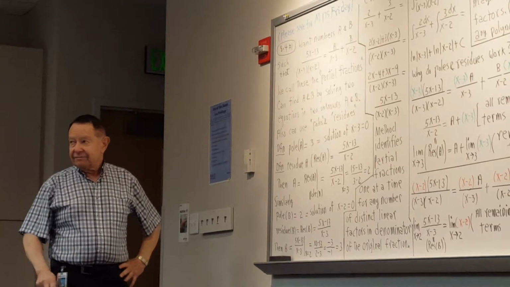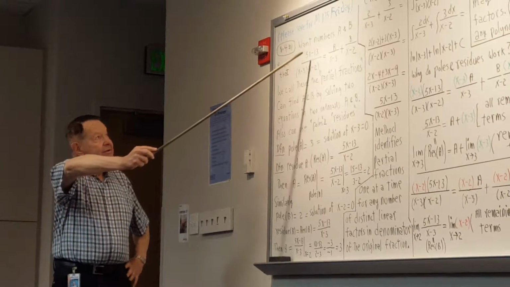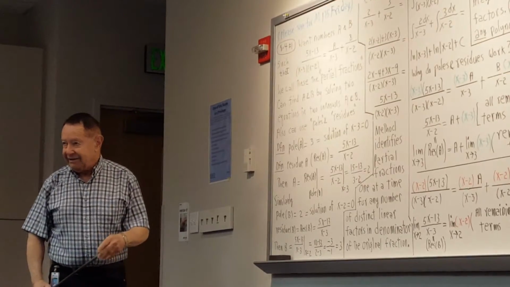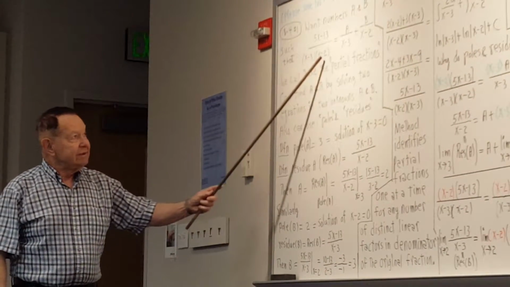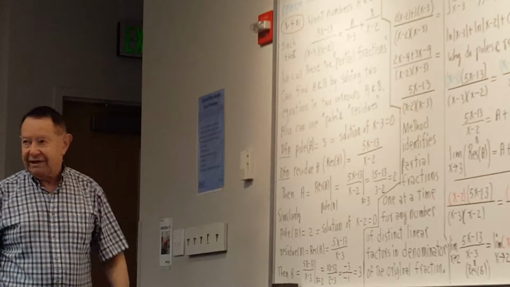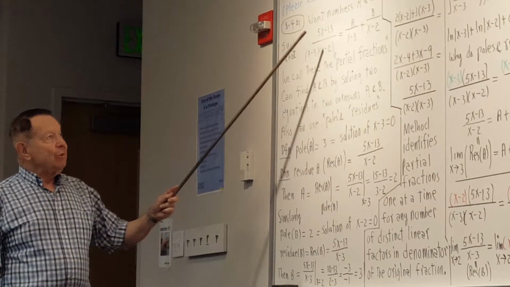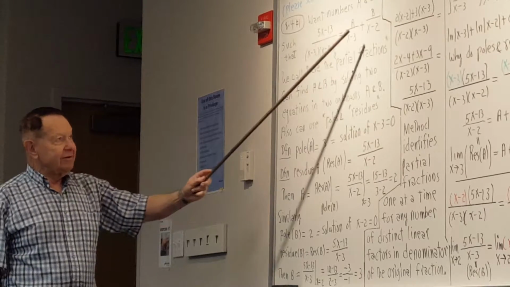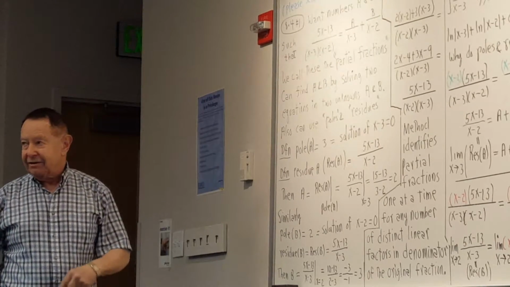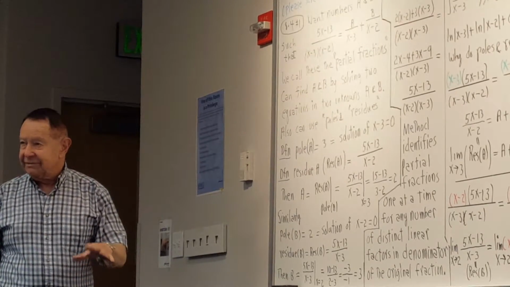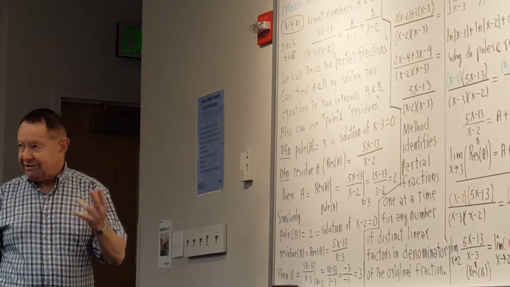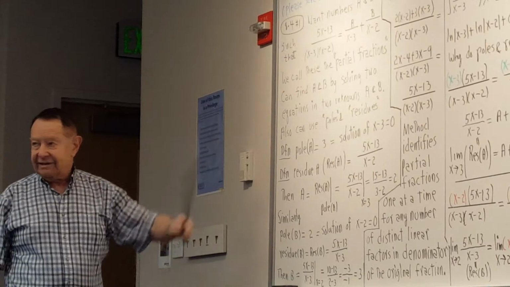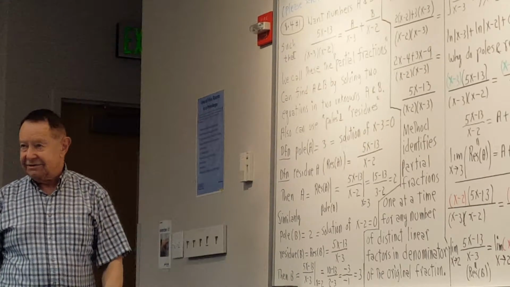So you could choose whatever x you like, other than 2 or 3, put that number here, and there, and there, and there, and that gets you an equation with two unknowns, the A and the B, that you need to identify the partial fraction.